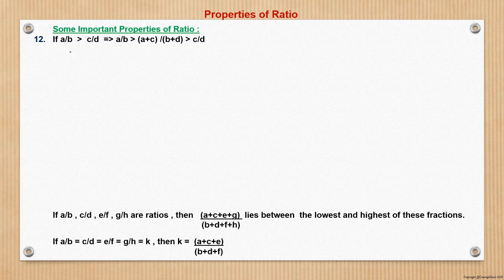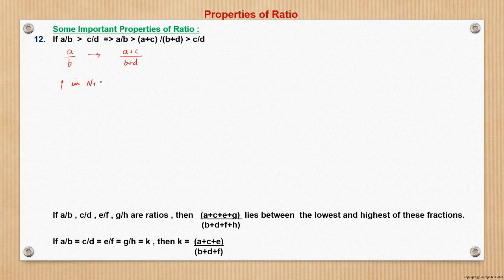So what happens here? From a by b, the ratio becomes (a plus c) upon (b plus d), right? This is what it becomes. So this will give us a relationship between a by b and (a plus c) upon (b plus d), the first two terms. In this case, what is the increase in numerator?